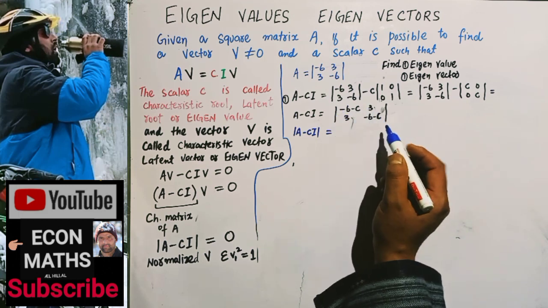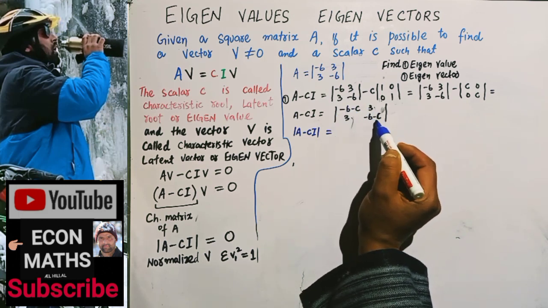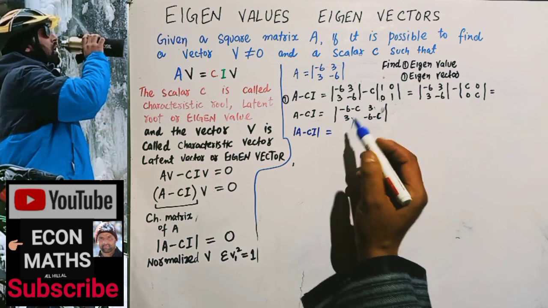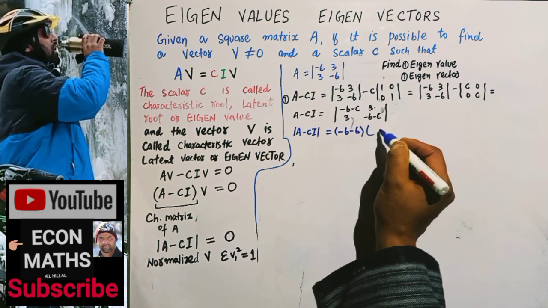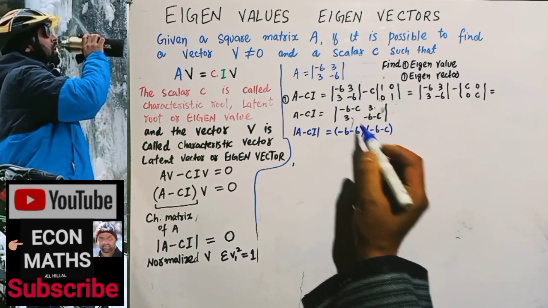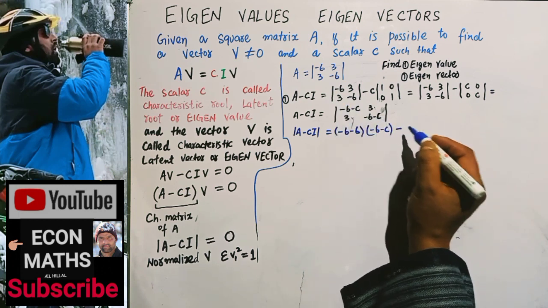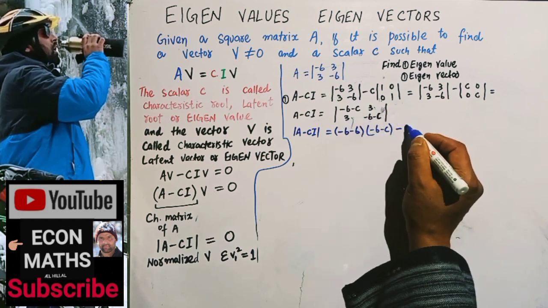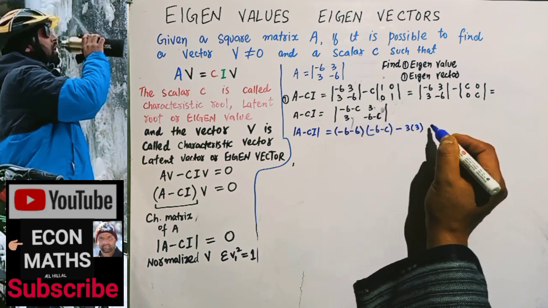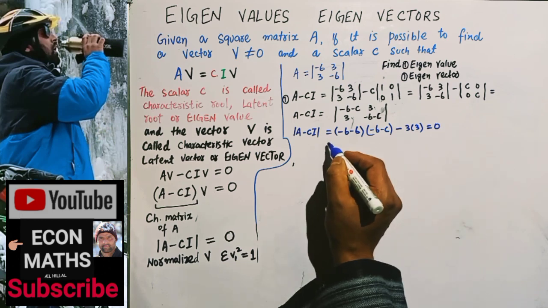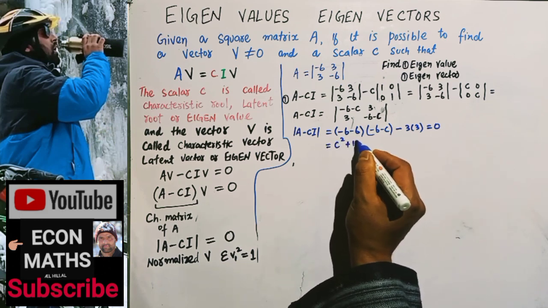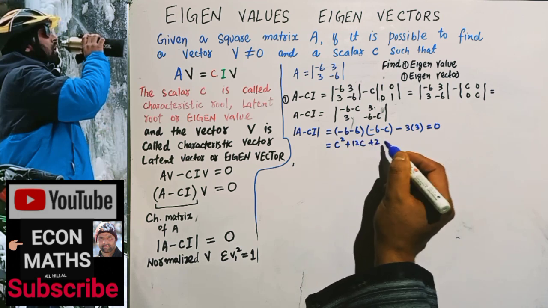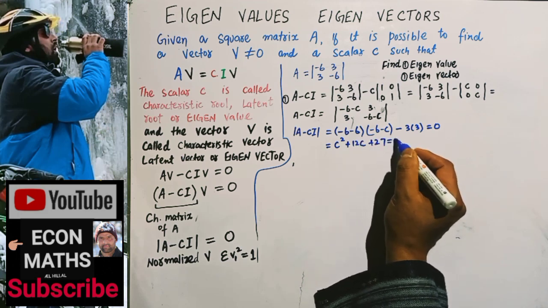Taking the determinant means multiplying these two elements first, that is minus 6 minus C times minus 6 minus C, then subtracting the product of the other two elements, that is 3 times 3, and we set it equal to 0. Solving this gives C squared plus 12C plus 27 is equal to 0.